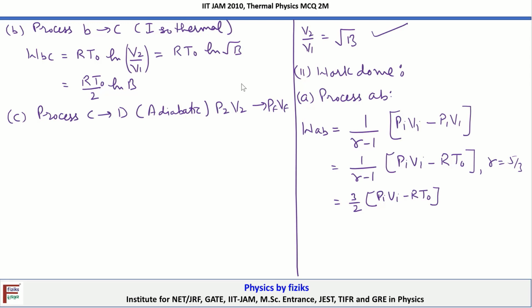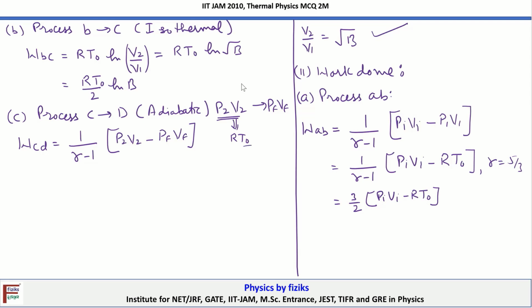So the work done during this process, as we wrote for the first process AB, W CD, is equal to 1 upon gamma minus 1, the coordinates corresponding to the initial equilibrium state, P2 V2, minus the coordinates corresponding to the final equilibrium state, Pf Vf. Again I can write the product P2 V2 as RT naught, because the number of moles is 1, and this equilibrium state is again at temperature T naught.